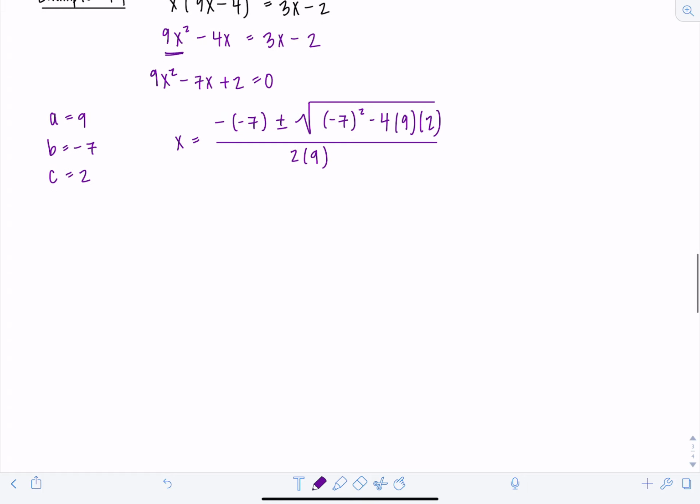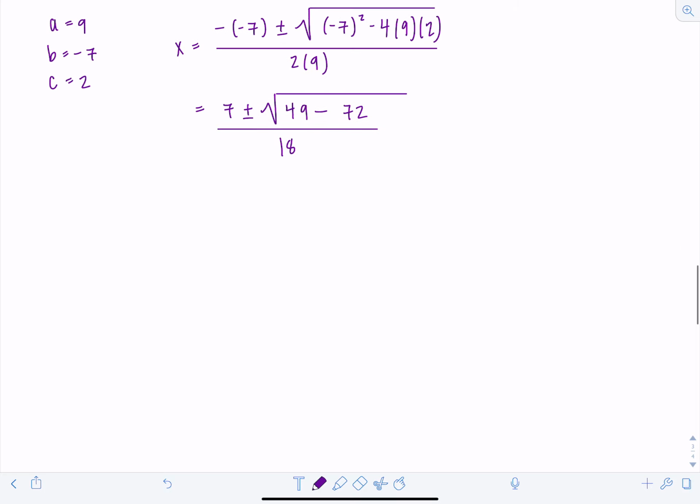So from here, let's go ahead and start simplifying. We're going to have 7 plus or minus the square root of -7 squared, which is 49, minus 4 times 9, that's 36, times 2 is going to be 72, all over 18.